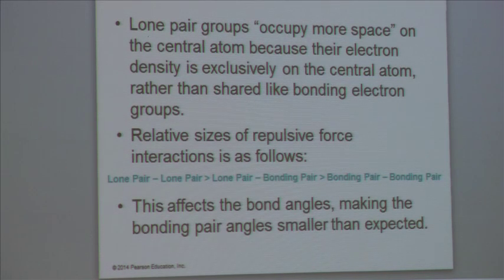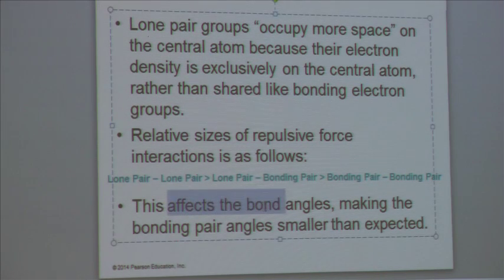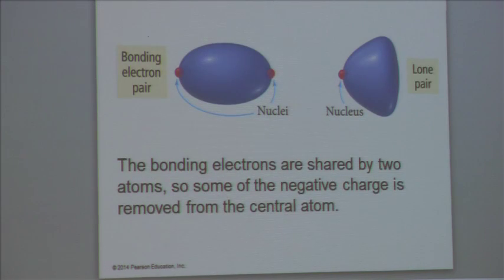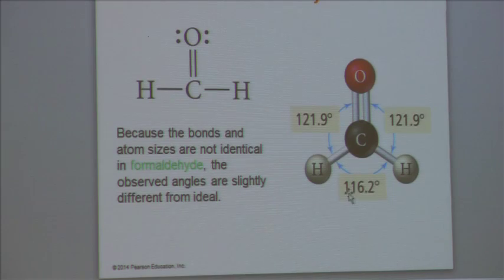So what does the effect of the lone pairs actually do? They affect the bond angles, making the bond angles smaller or larger depending on, as in this case with formaldehyde, the effect of the lone pairs of oxygen.